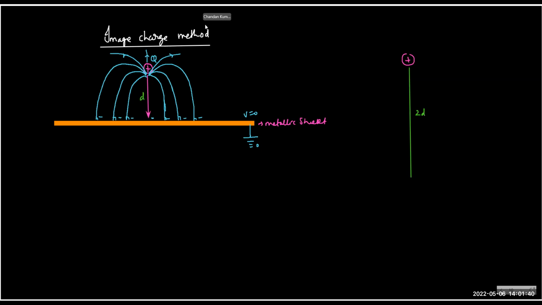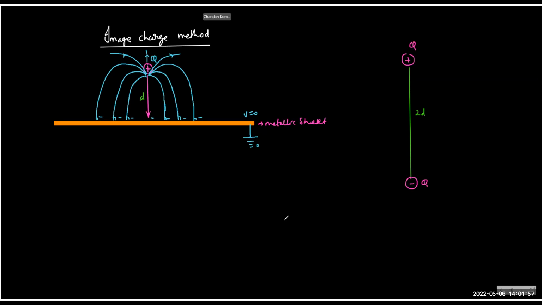The conductor will act as a mirror, and we will have a charge here, and the mirror charge will have opposite polarity. And if this is q, this is also q.